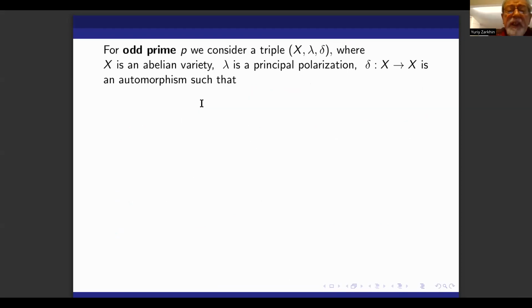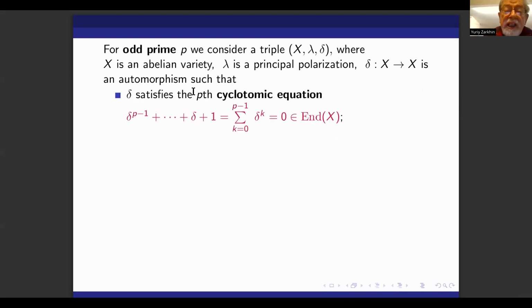Now let's forget for a while about curves and look at triples (X, lambda, delta), where X is an abelian variety, lambda is a principal polarization, and delta is an automorphism that satisfies the p-th cyclotomic equation.